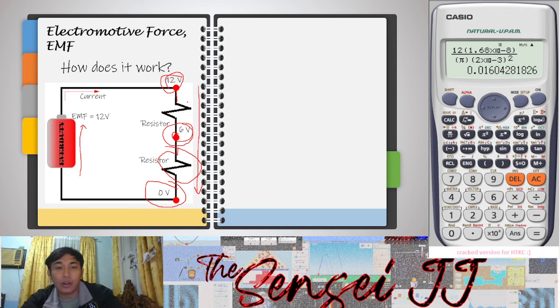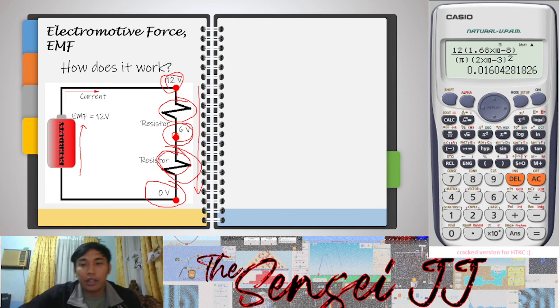Why? Because we have the resistors and other electrical components that will take part of its total voltage. Okay, so I guess we are done.